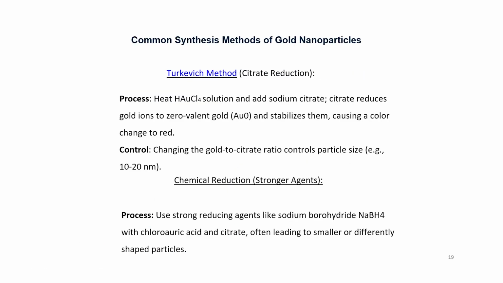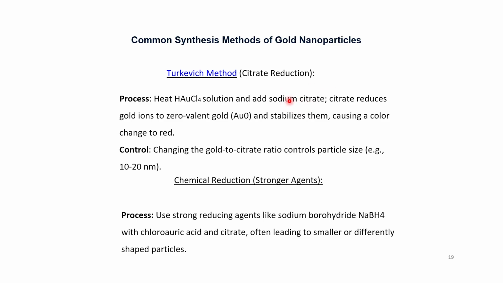These are the common synthesis methods of gold nanoparticles. So I will be giving you two examples of chemical synthesis of metallic nanoparticles. Two of the most commonly synthesized nanoparticles, gold nanoparticles and silver nanoparticles. So that is the Turkevich method or citrate reduction method. So you heat a tetrachloroauric acid solution and add sodium citrate for reduction.